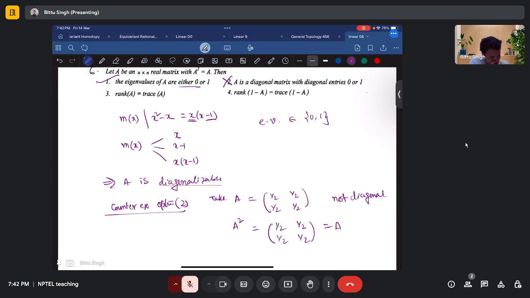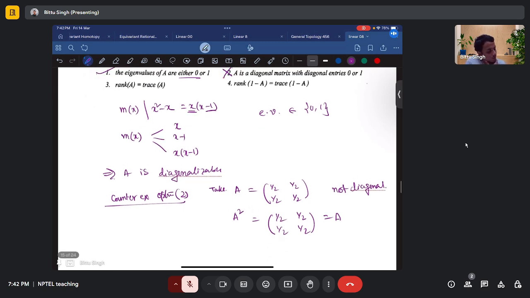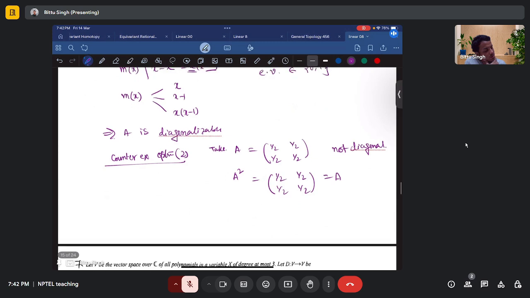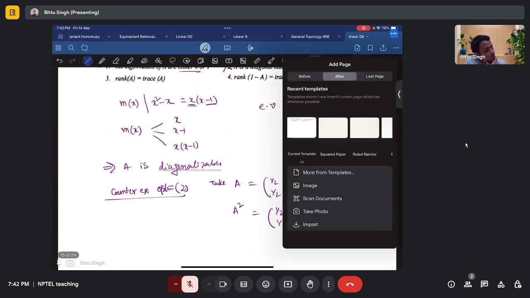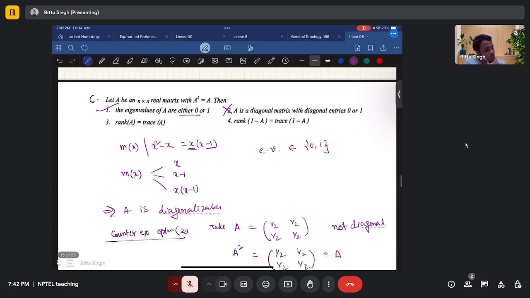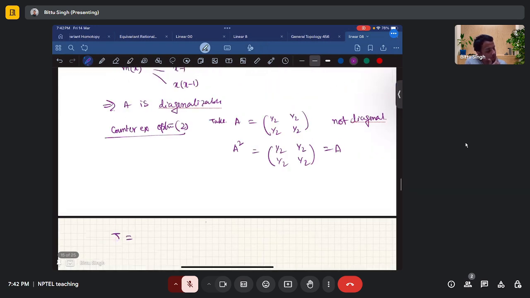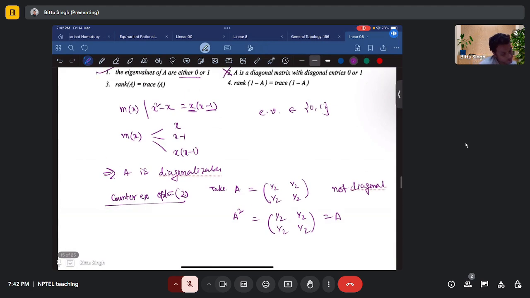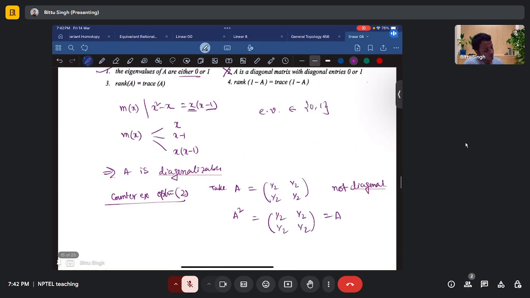Rank of A equal to trace A. Okay, what will be the rank of A? So let us see what the Jordan canonical form is. Let J be the Jordan canonical form.